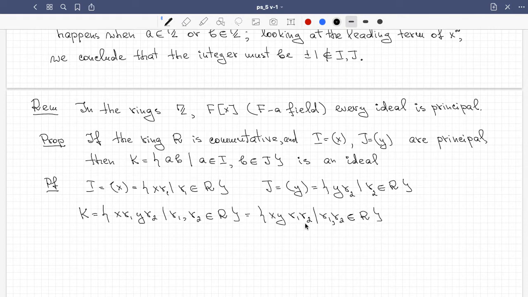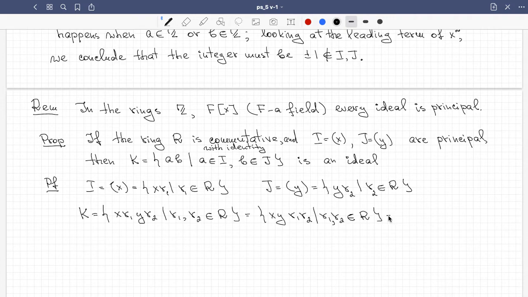And the set of all products of elements of R, for a commutative ring, for simplicity, let it be with identity, is the whole ring, because you can take one of them identity, another one any element of the ring, so any element of the ring appears here maybe several times.